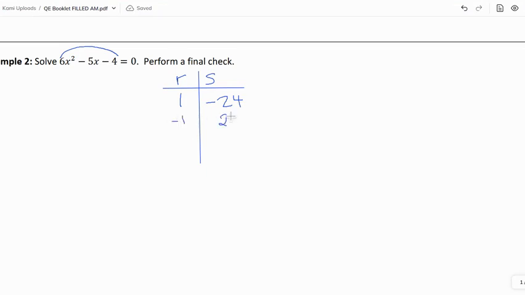Is there a way that you do this chart? Oh, like I divide the 24 by 2? So I go 12 and 2, and then negative 6 and 4.